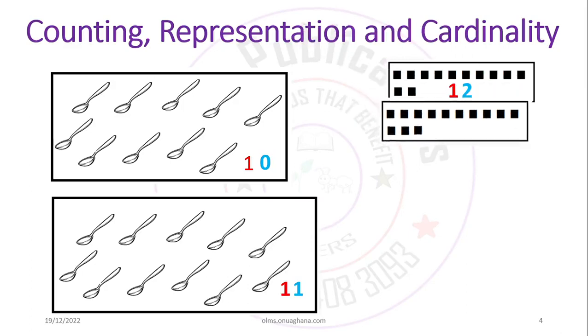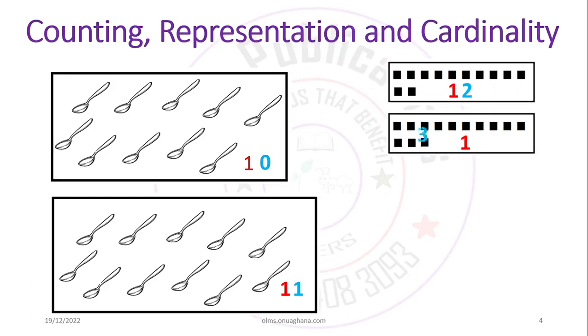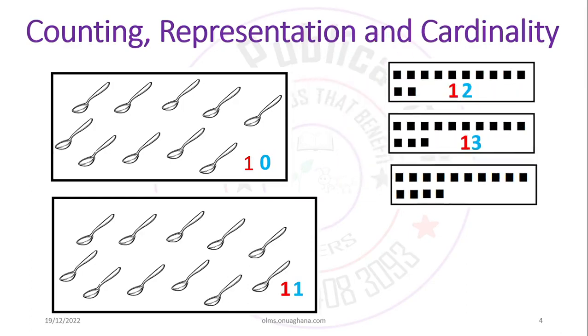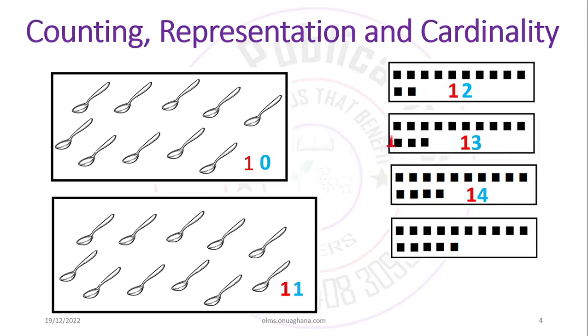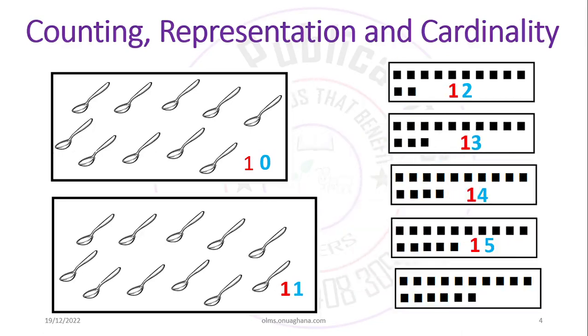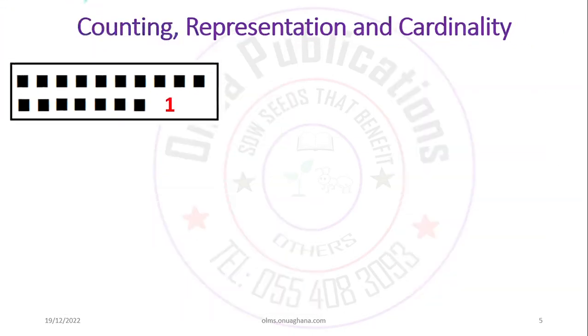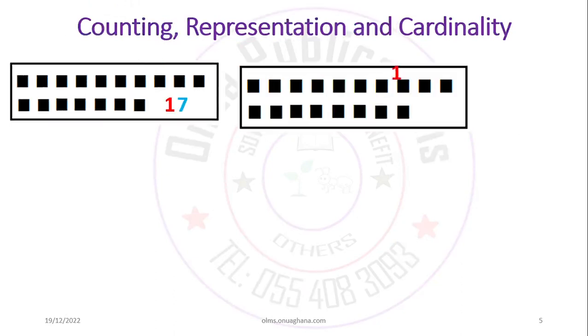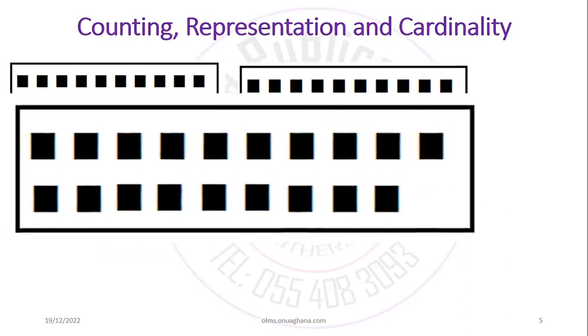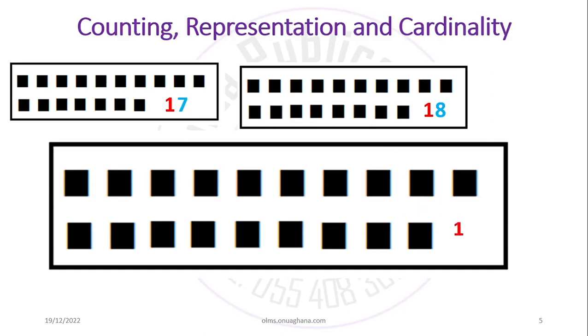So we move on like that to get 13, 14, 15, 16, 17, 18. So 1 group of 10, remainder is 7. One group of 10, remainder is 8. One group of 10, remainder is 9. 19.